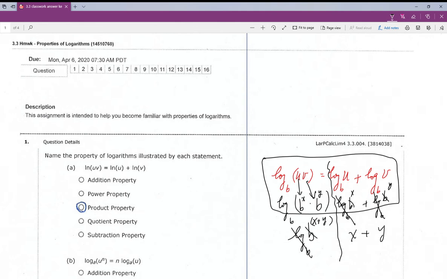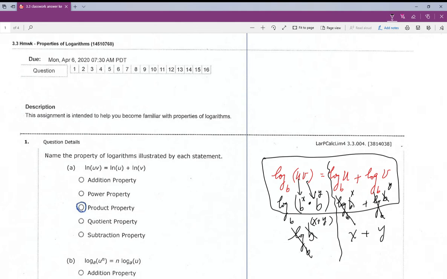Now the basic idea is when you have multiplication for the base with the base, your exponent needs to be addition, and the log function basically is talking about the exponent when a number is converted to become base b.